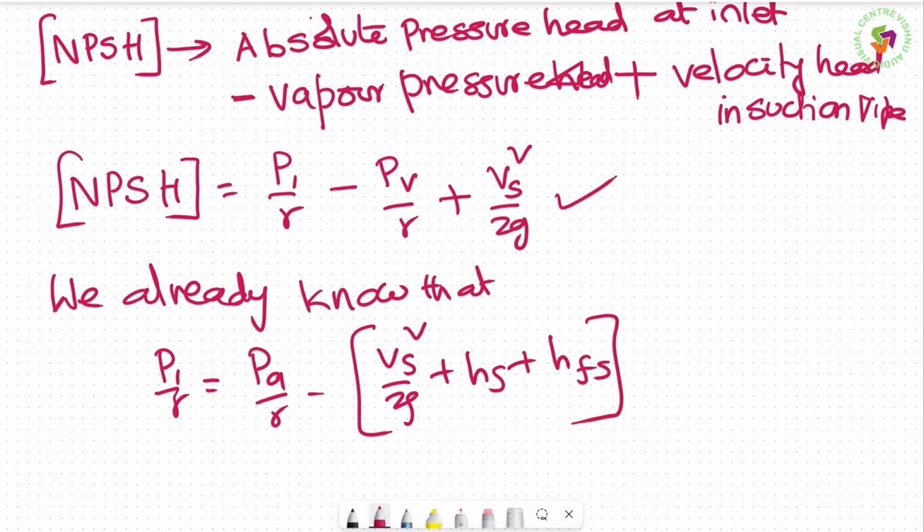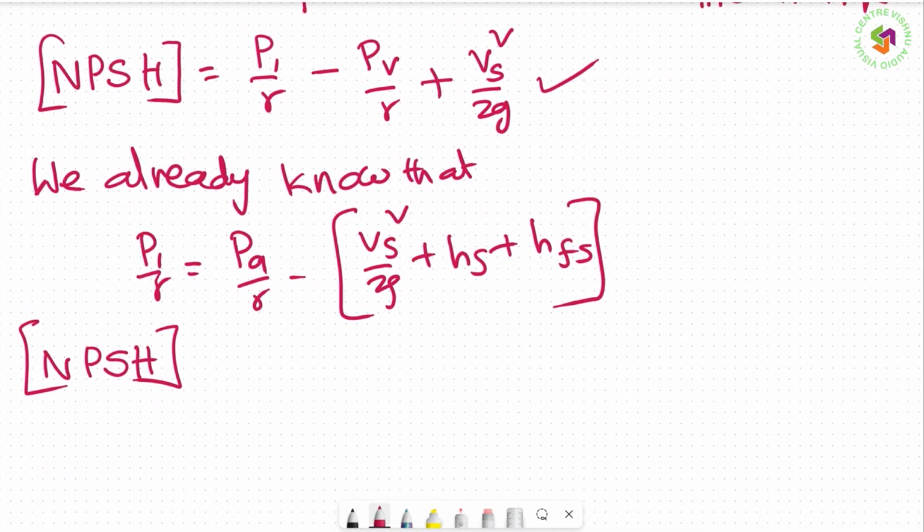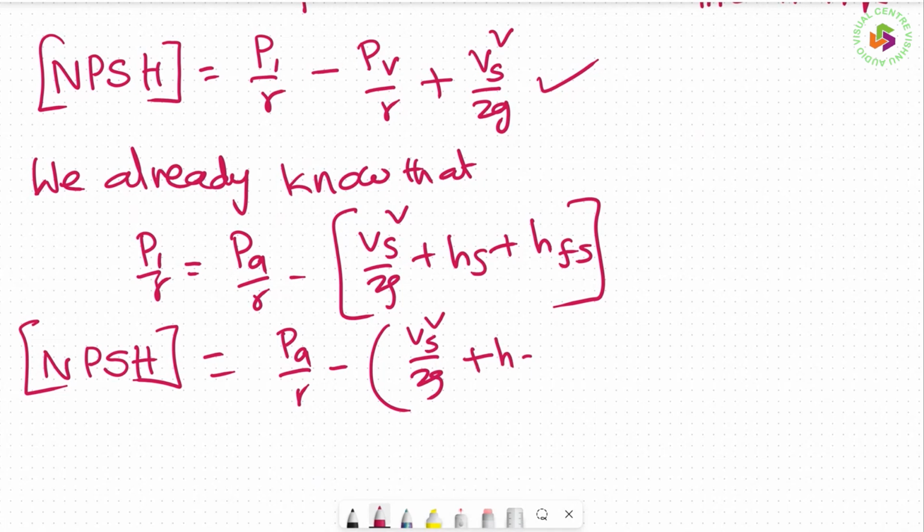If I substitute the same here, NPSH is equal to Pa by gamma minus Vs squared by 2g plus Hs plus Hfs, all in brackets, minus Pv by gamma plus Vs squared by 2g.